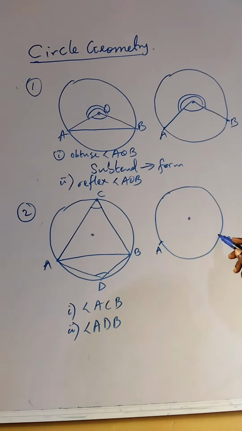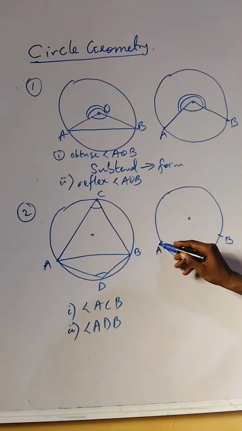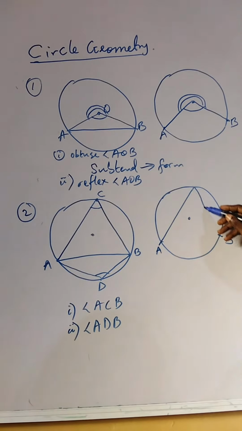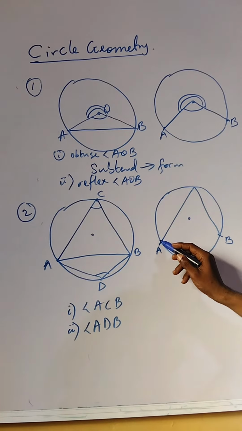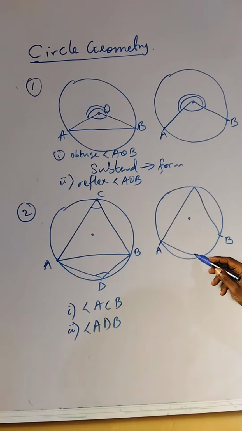Also, an arc can do the same thing. An arc can form an angle at the circumference at this side, also an angle at the circumference at the other side. So we have this angle, this angle. Can label it as C and D as well. So that is the second thing we need to understand here.